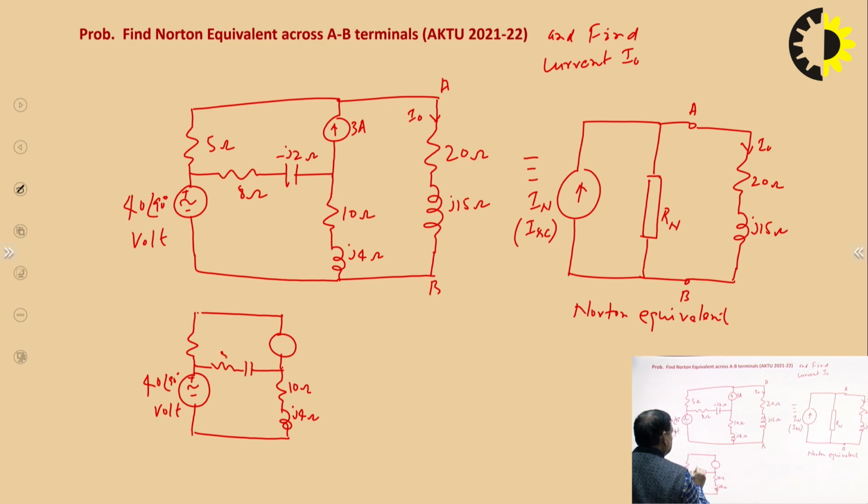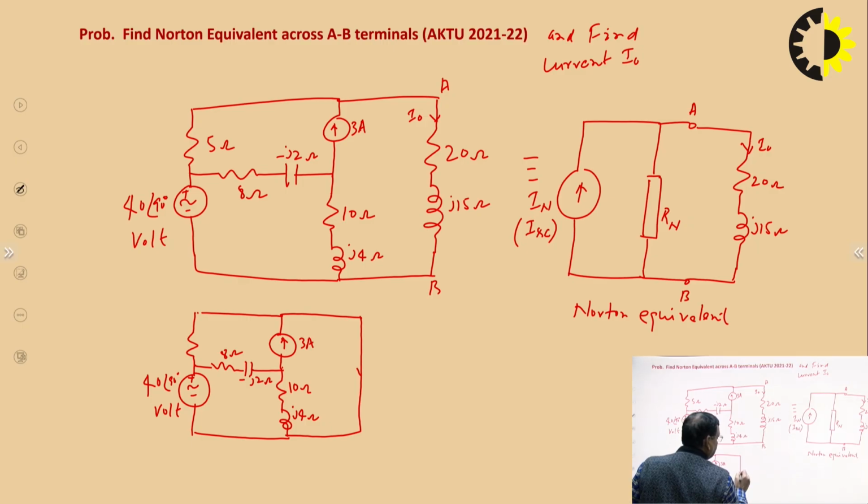This is your 8 ohm, minus J2 ohm. This is your 3 ampere current. And you have to just remove this 20 plus J15 ohm impedance from the network and put a short circuit here, and this is nothing but your IN. This short circuit current is IN. So, from this circuit you have to calculate IN.